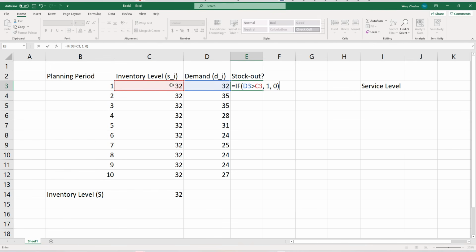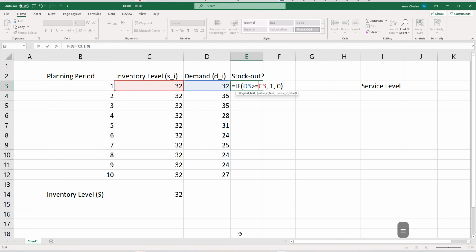See if there is any flaw, any deficiency in our logic here. When the demand is bigger than the inventory level, that's when the stock out happens, right? Meaning there's nothing left to sell. That's stock out. What about this equal symbol?